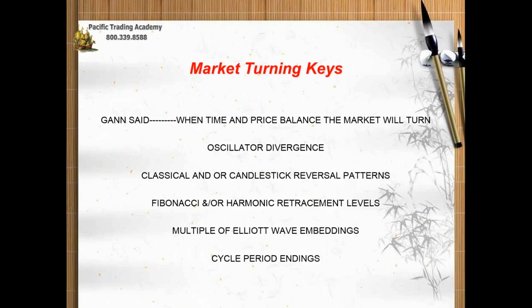So Gann said when time and price balance, the market will turn. So that's one of the things that I would be cognizant of and pay attention to, that if I am currently in the present moment observing a trend that seems to be persistent, up, down, or sideways, and I determine that I am getting close to a balance point where time and price would balance, that would be one thing that would suggest, aha, I ought to get my cognitive shuttle ready to shift my mindset from one of following to one of anticipating.